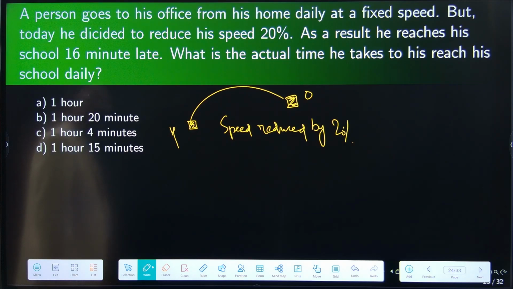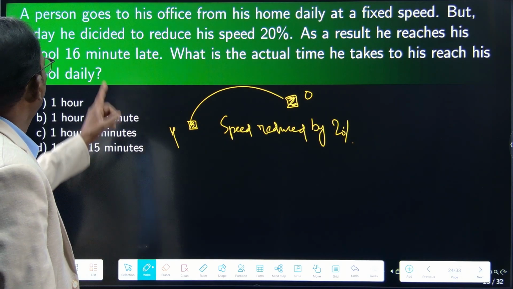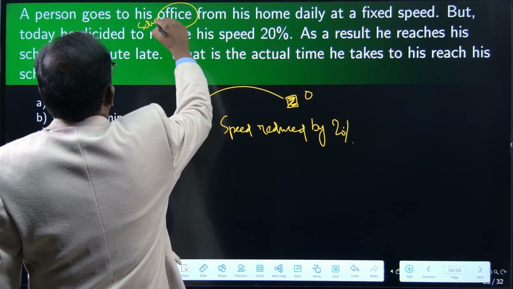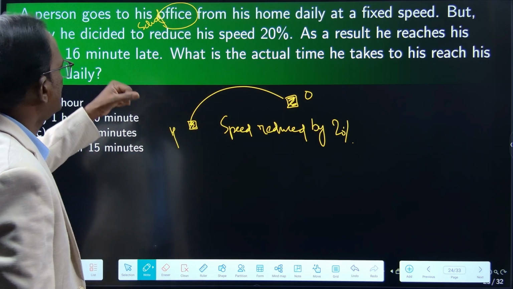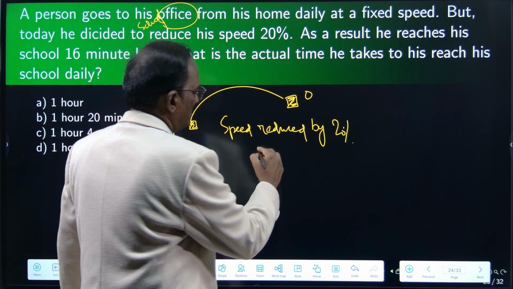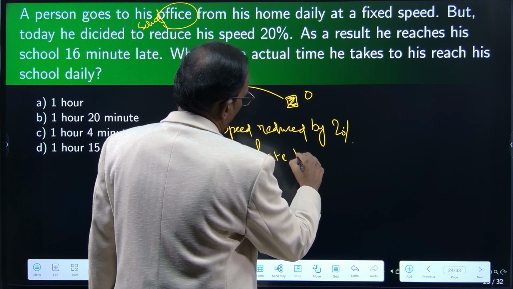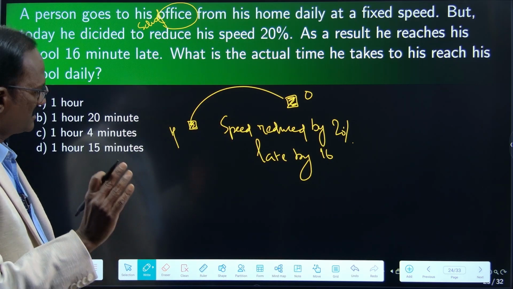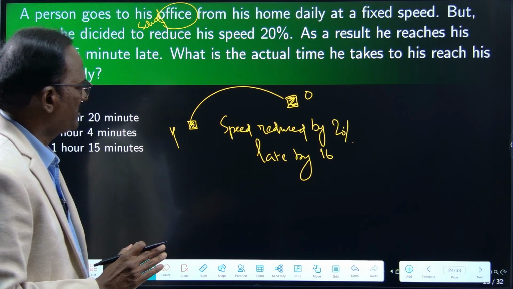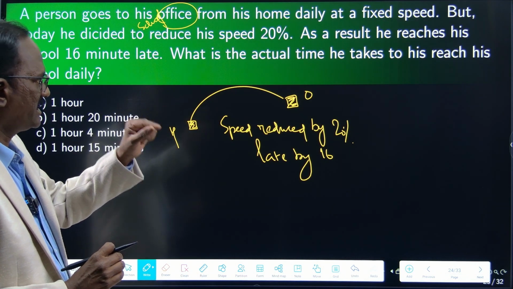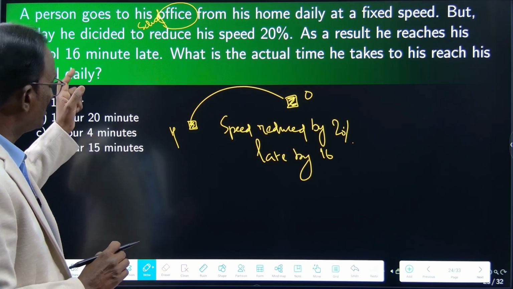As a result, he reaches his school 16 minutes late. So this is not office, this is school. Typing mistake, it is school. Since he is reducing the speed, it is late by 16 minutes. When you reduce the speed, definitely you will reach the place late. What is the actual time he takes to reach his school daily?